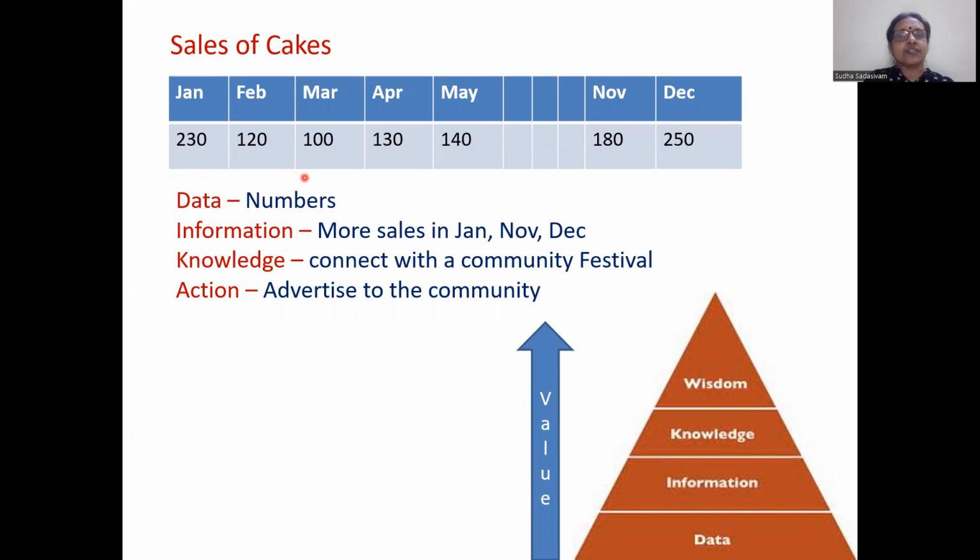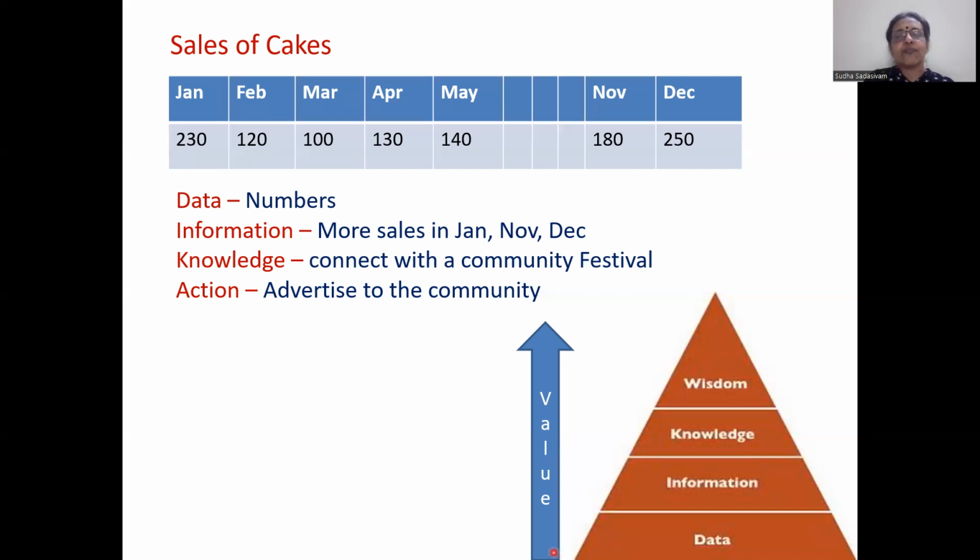It may be connected to a particular community or a festival. That is called knowledge. Now, what is action? How can we use the knowledge in order to improve the sales? So what we usually do is advertise to that particular community so that the sales of the cakes will increase during the months of November, December, and January. So this is called the knowledge pyramid.